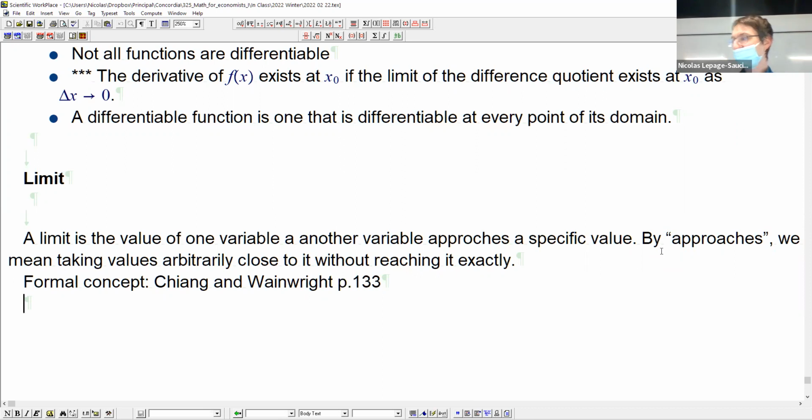Okay, so we have different categories of limits. Some limits are easier than others. Take category 1.